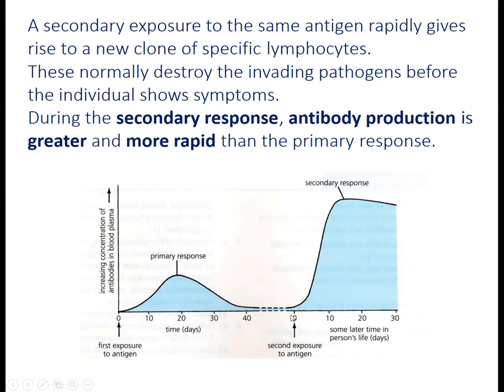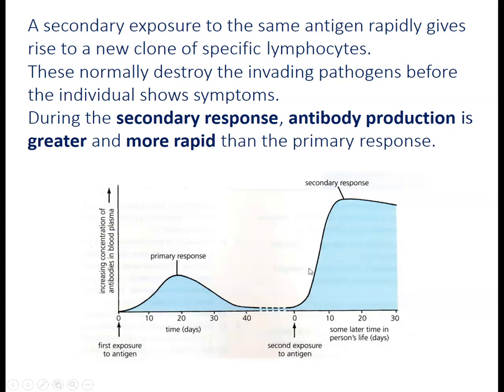Because you've got memory cells present, can you see two major differences between the secondary and primary response? The first difference is that there is a much greater concentration of antibodies produced in the secondary response than in the primary response.